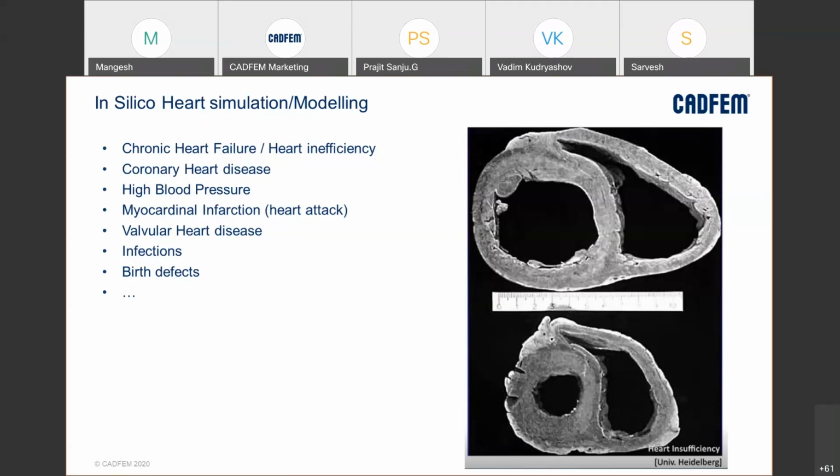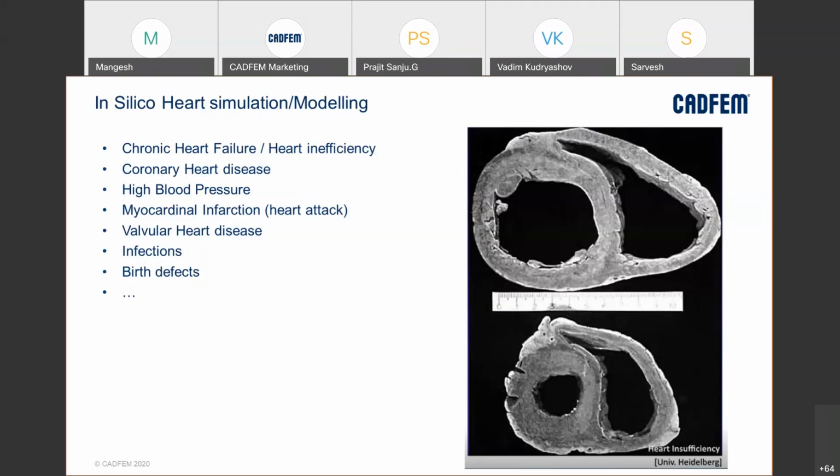So when we come across these issues, there are certain surgeries or certain implants which have to be put in place in order to improve the performance of human organs. So let's say if you look at the right side, there is a case of some heart inefficiency where you can see how the shape of the heart is being changed because of this particular disease.